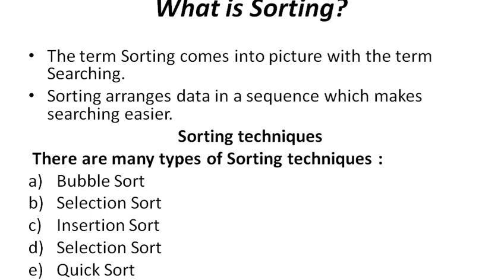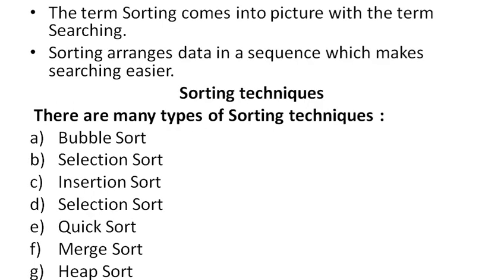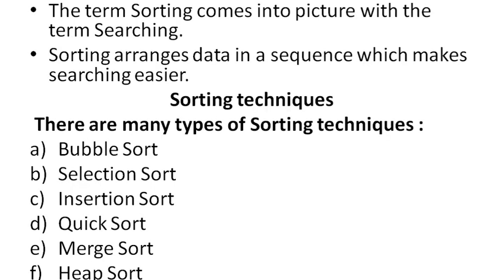So, there are many types of sorting techniques like bubble sort, selection sort, insertion sort, quick sort, merge sort, and heap sort. As of now, the sorting techniques that we will be looking into are the bubble sort and the selection sort.